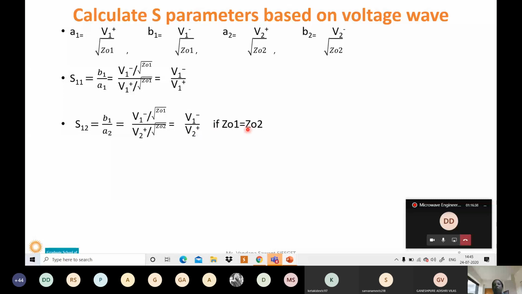If Z01 is equal to Z02, then V1 minus divided by V2 plus is equal to S12. Many times in the sums it is specified, like port 1 and 2 are perfectly matched. If port 1 and 2 are perfectly matched, then S12 is equal to V1 minus divided by V2 plus.